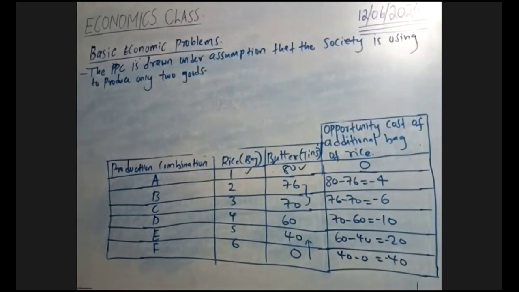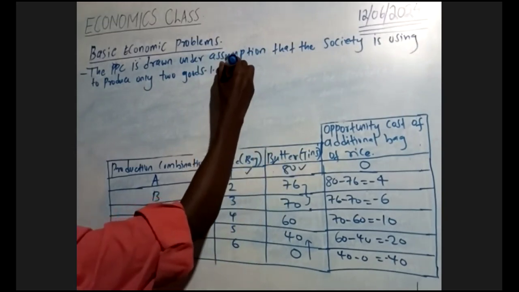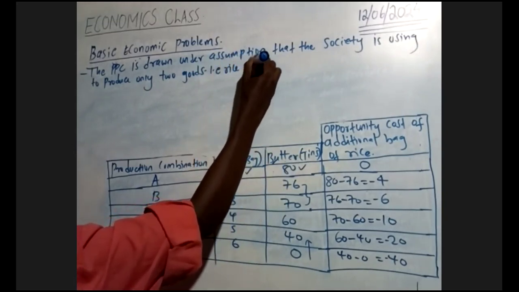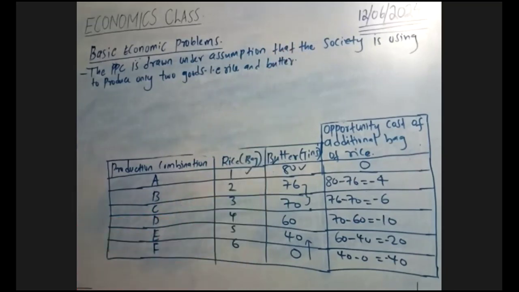You should remember that. So when you only have two goods, for example, the country is producing rice and butter. If the country is producing more than two goods, then the problem of PPC is not there. I use the words rice and butter because that is what I have used, i.e. rice and butter. Okay?